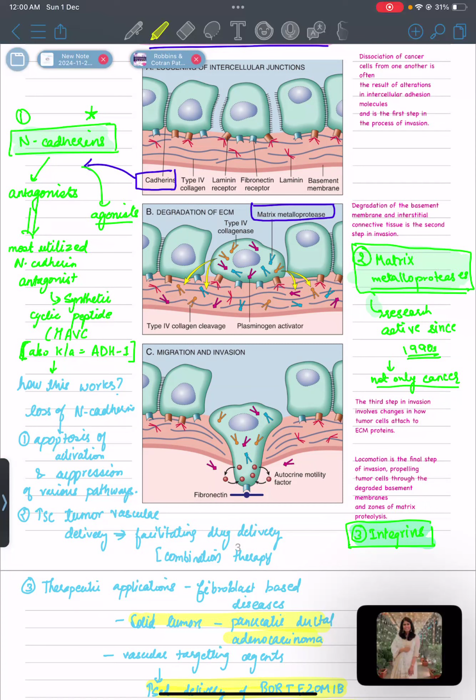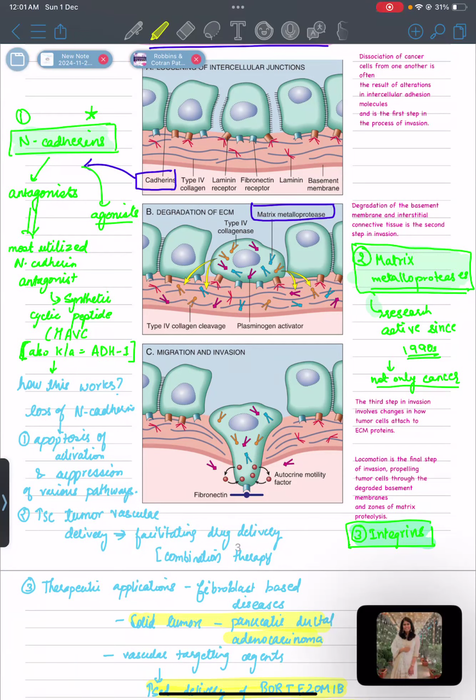So this part is done by matrix metalloproteases, and we have certain tissue inhibitors of matrix metalloproteinases, which normally regulate this response, and an imbalance between MMPs and TIMPs, which is tissue inhibitors of metalloproteinases, causes invasion.